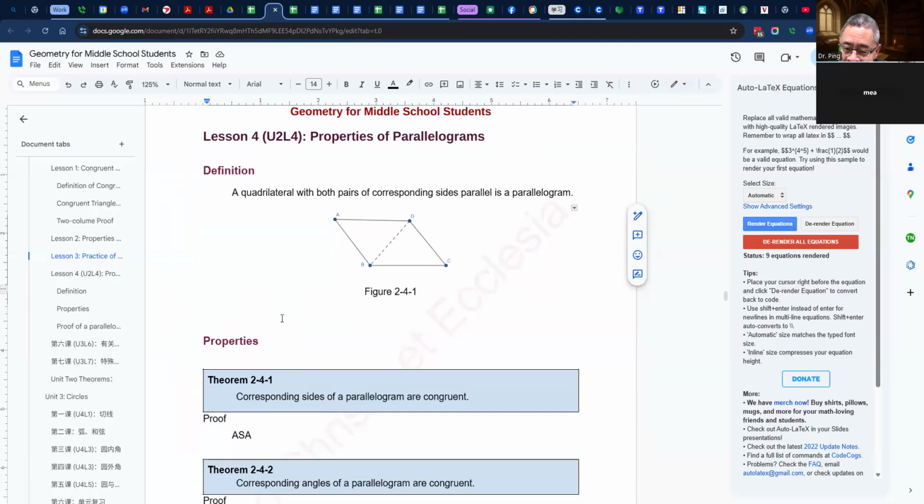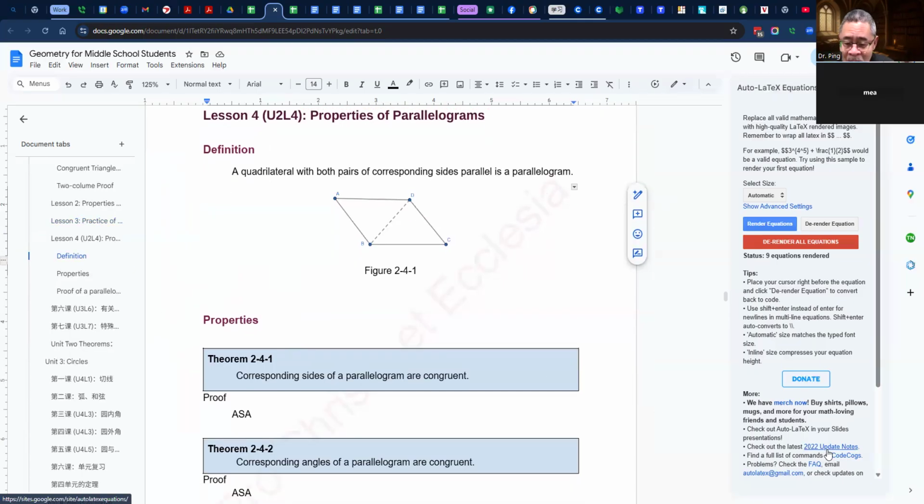So the first theorem we have is: corresponding sides of a parallelogram are congruent. That basically says if it's a parallelogram, then this side is congruent to that side. That means line segment AB is congruent to CD, and we write it like this for congruency.